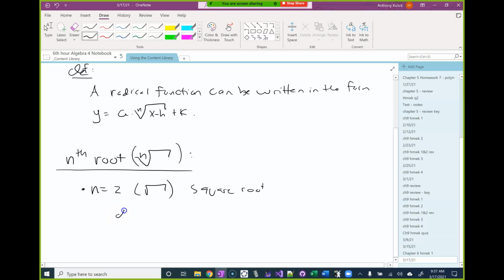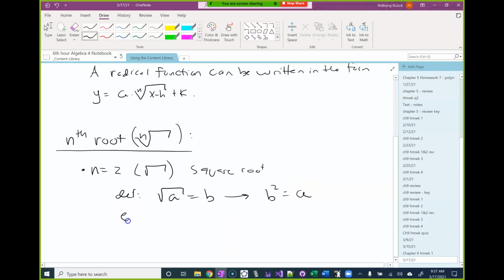Well, if the square root of a is equal to b, that tells us that b squared is equal to a. This is the basic definition that we've been using. For example, the square root of 4 is 2 because 2 squared is 4. Is everybody okay with that idea?